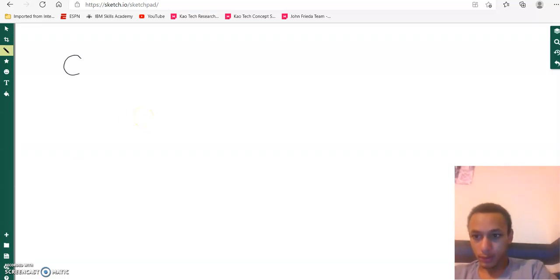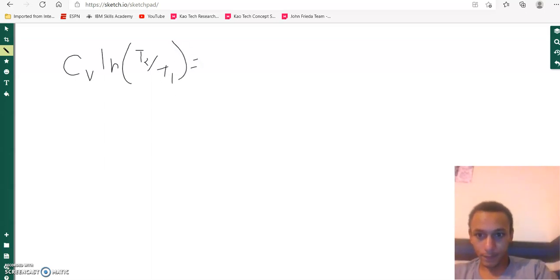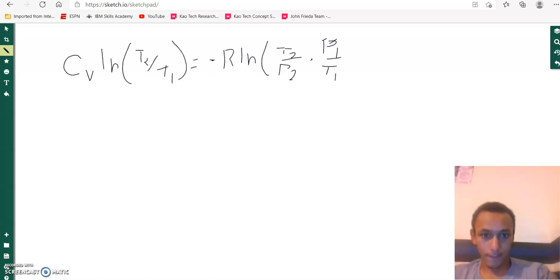So it's CV natural log of T2 over T1 equal to natural log of T2 P1 over T1 P2.